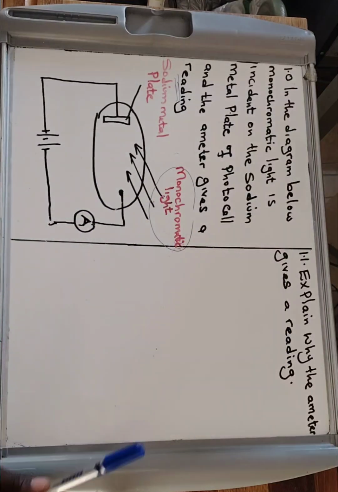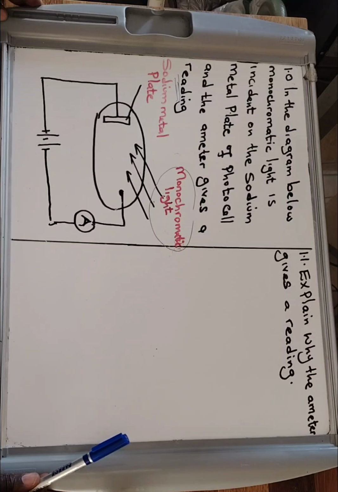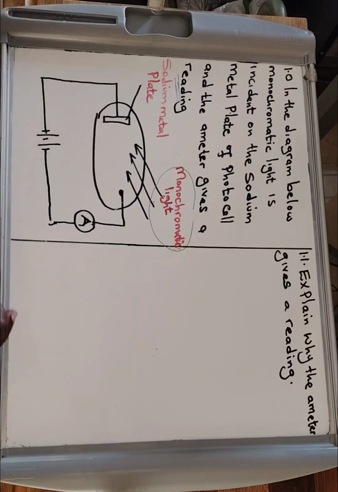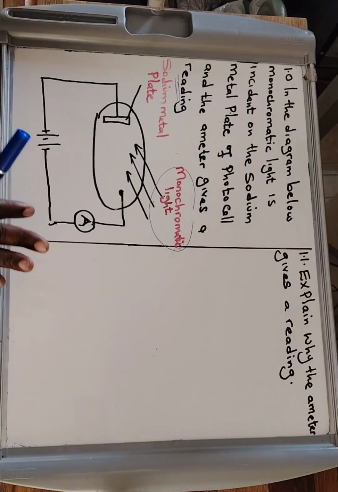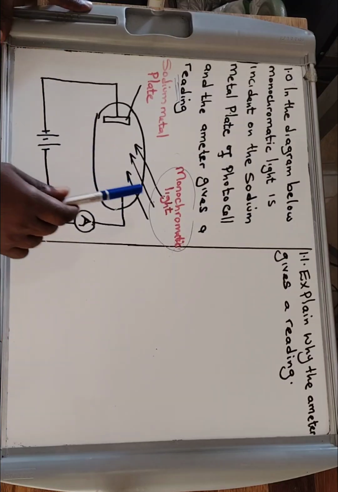The first question says, explain why the ammeter gives a reading. Okay. When does the ammeter give a reading? The ammeter gives a reading under this circumstance, and under this circumstance only. What's the circumstance?